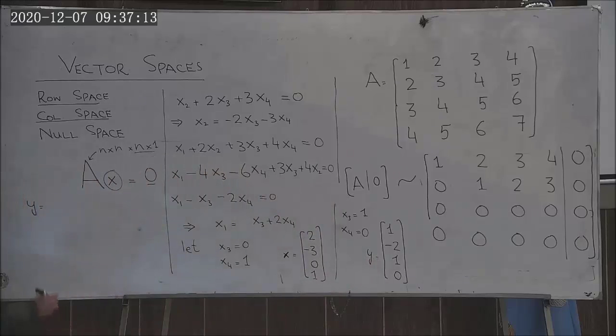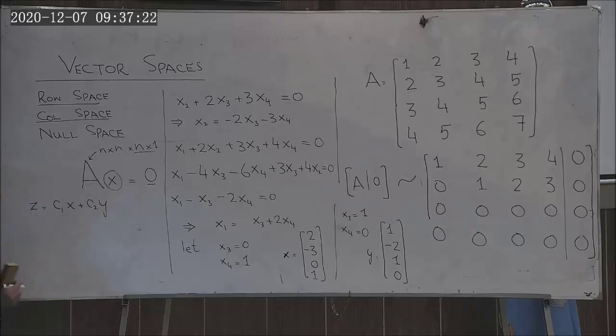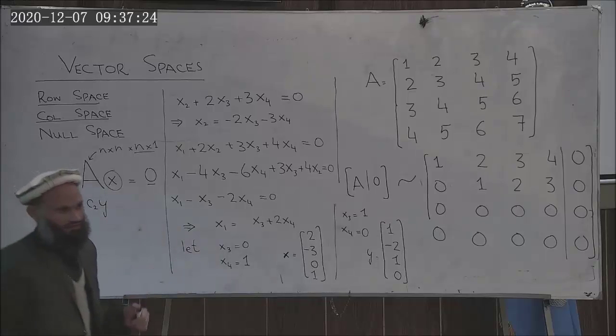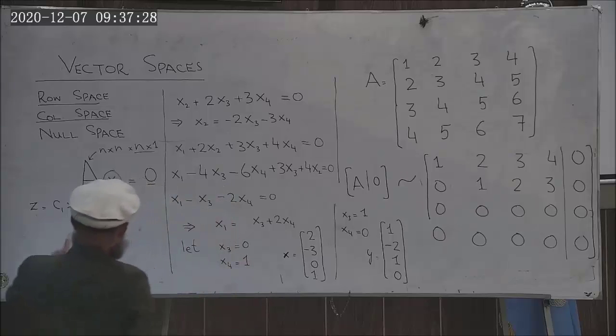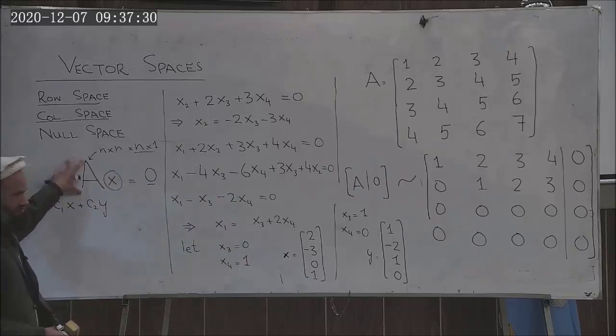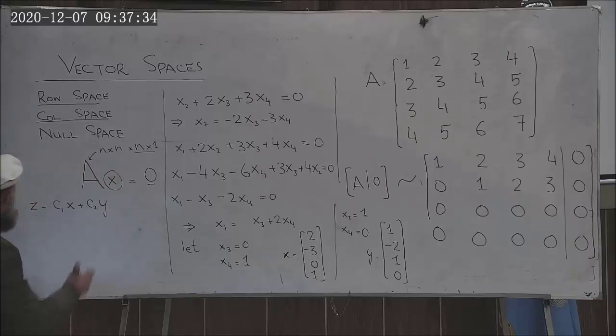We have two solution vectors and their linear combination z is equal to c1x plus c2y. We want to verify that their linear combination is also a solution to this system of equations. Solution means this z must satisfy this system of equations.